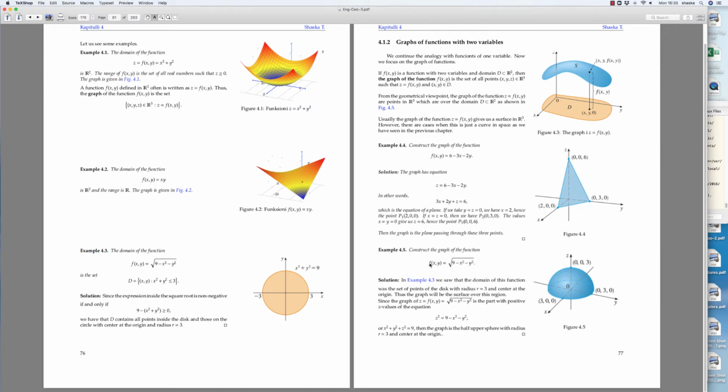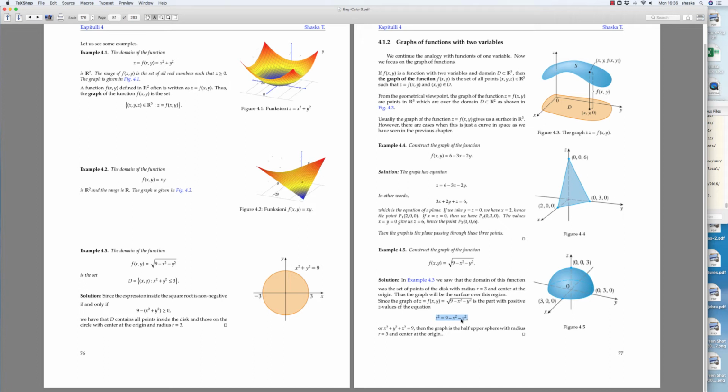Now we said that this is the z, and z is given by this. If I square both sides, z squared is that. But again, I will only take the non-negative z values because they come from a square root. And so what is it? Well, this thing I know.